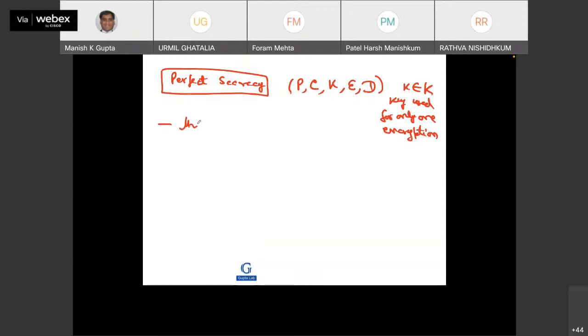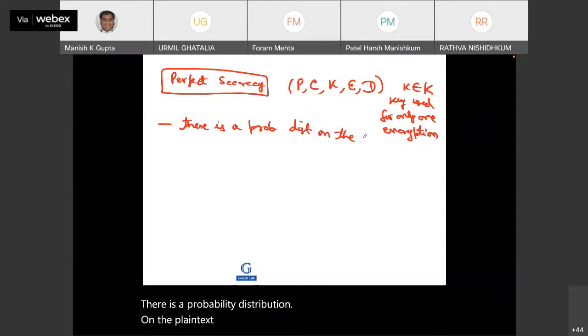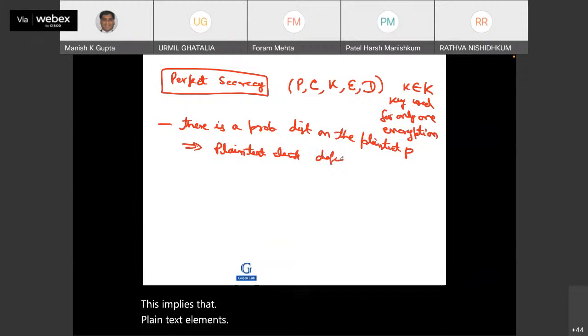Now there is a probability distribution on the plain text P. This implies that plain text elements define a random variable x bar.